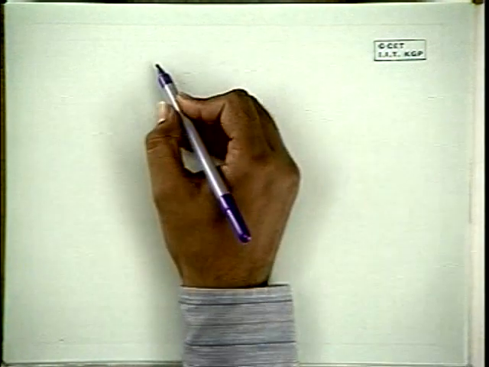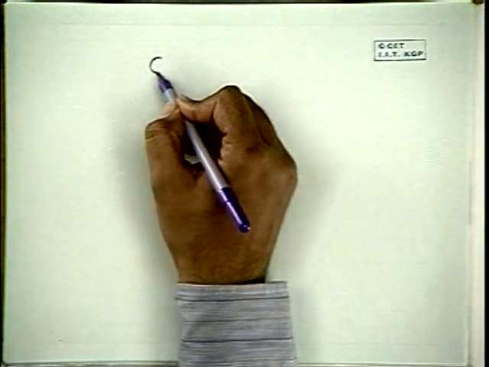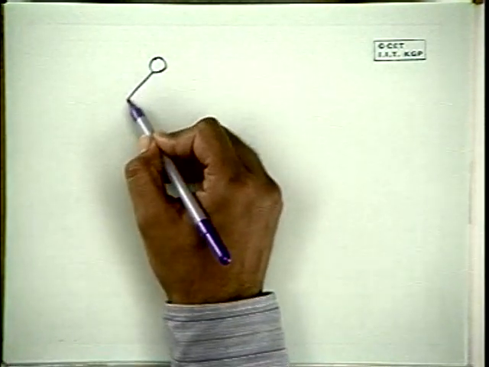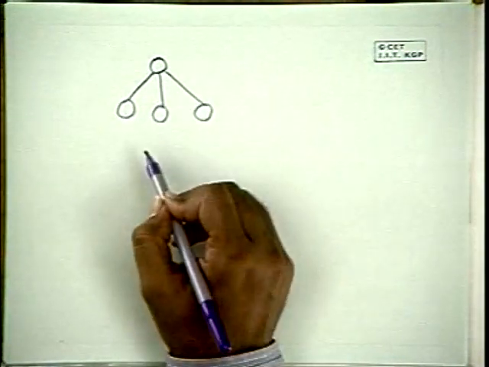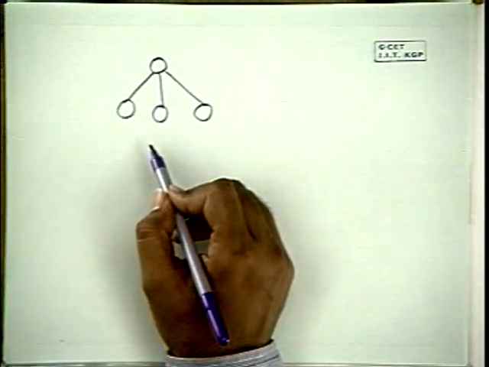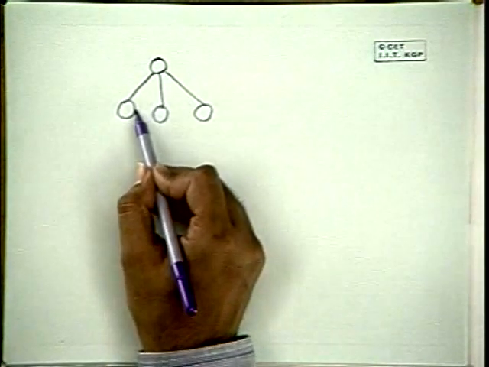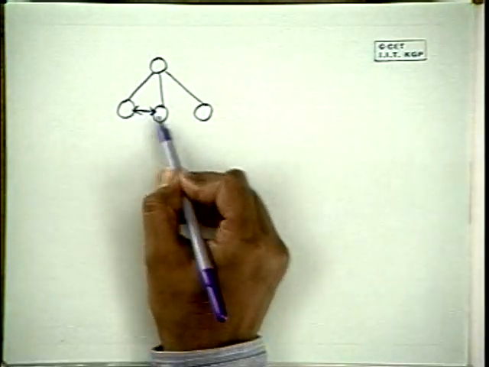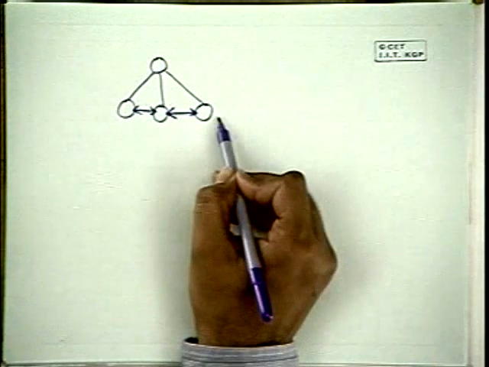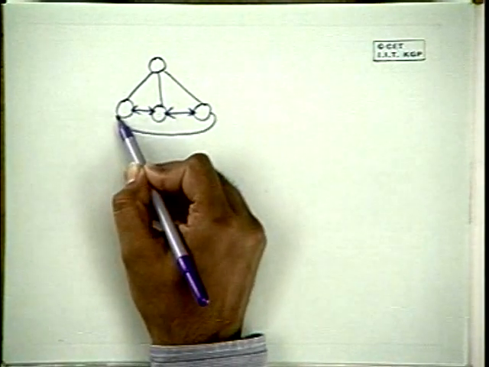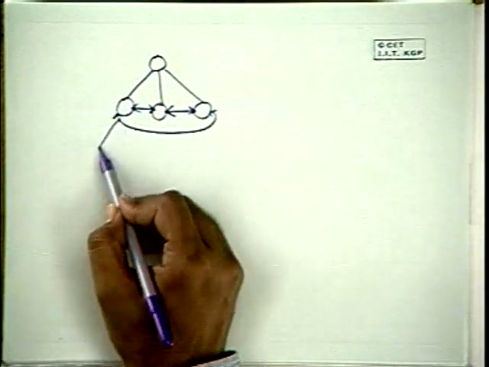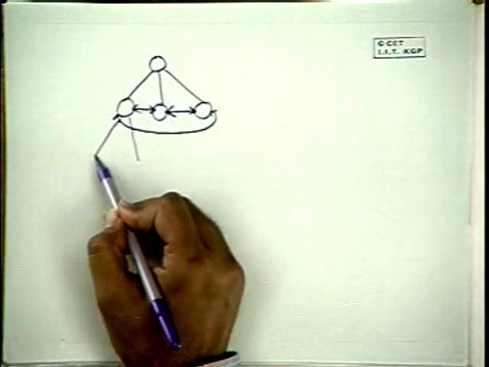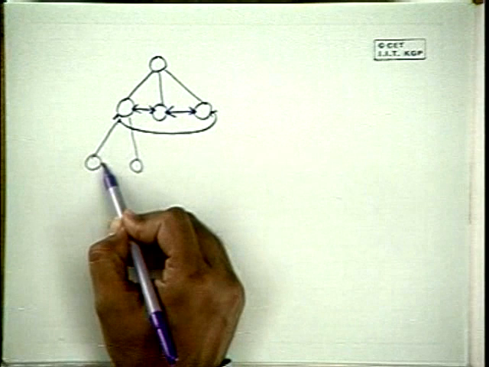If I take the previous heap ordered tree, it will be represented like this: one node, then all its children will be linked by a doubly linked list. Both ways it goes. Similarly, it has 2 children. They are in a doubly linked list.